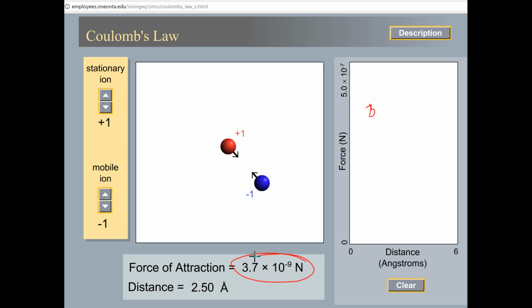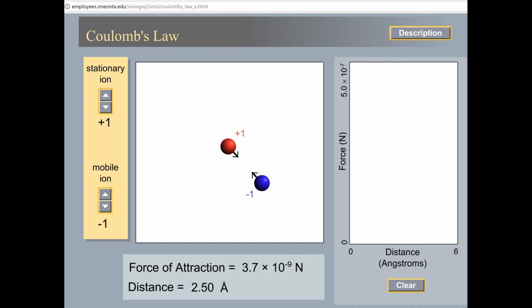And we're going to see this number. Let's go ahead and increase this one. We're going to make that +2. Okay, I'm going to pause this right here.